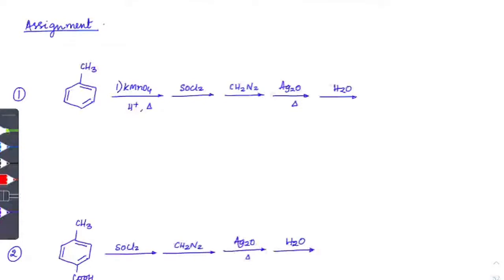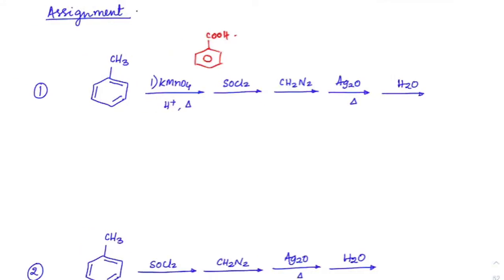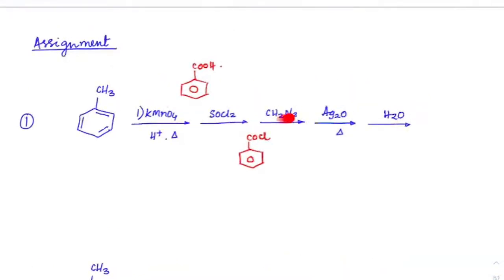See, the first question. With KMnO4, we know that we will get benzoic acid. So first we'll get benzoic acid here. With SOCl2, we'll get acid chlorides, COCl. With CH2N2, then Ag2O and heat.